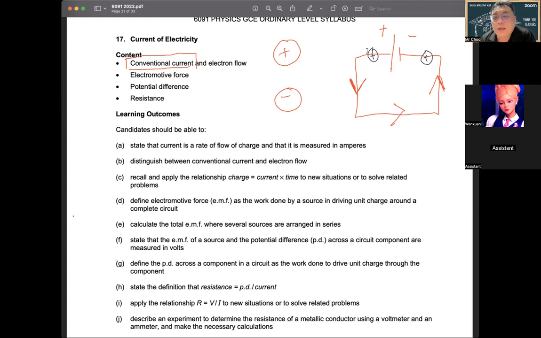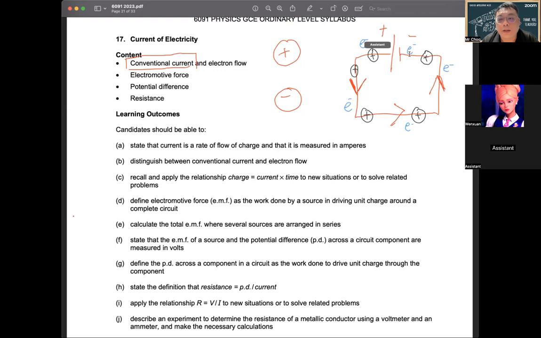So the plus stays there. All the plus stays there. Then what is the thing that moves? The thing that moves are the electrons.